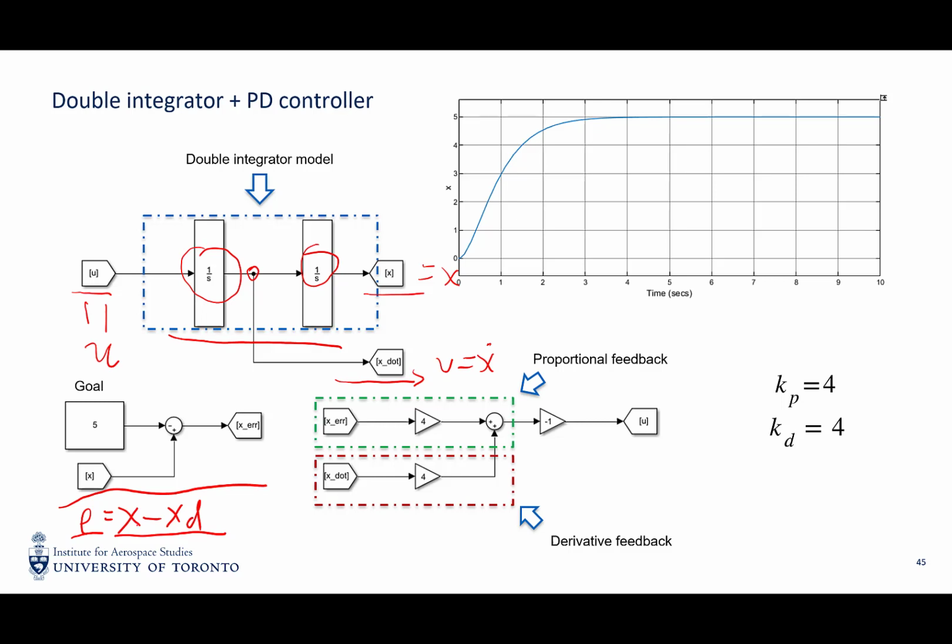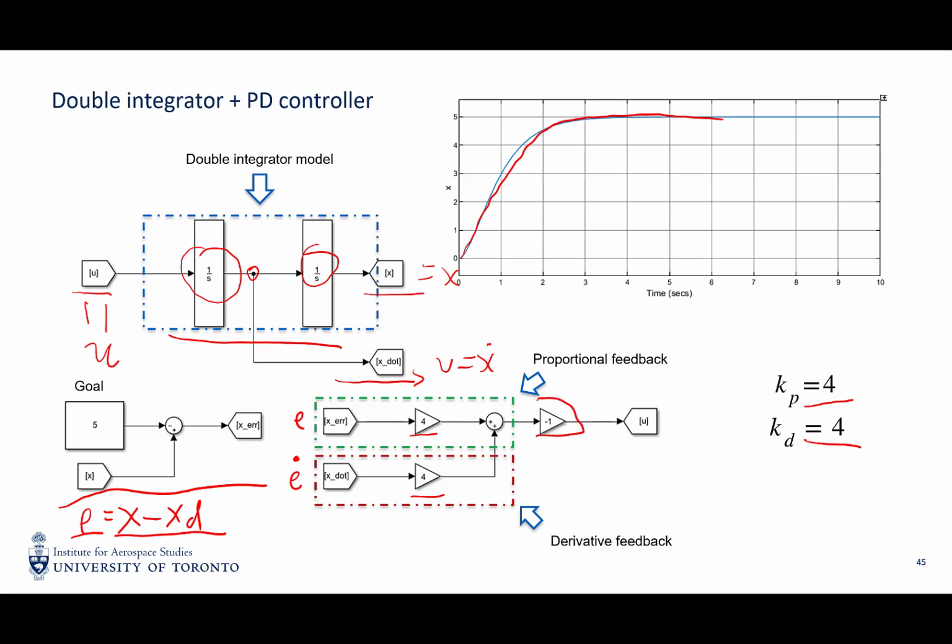So E is x minus xd, and this is E, and this is E dot. For this system we can pick Kp and Kd to be 4 to have this response curve. But you can also try other values. As long as they are both reasonable values, it should be okay.